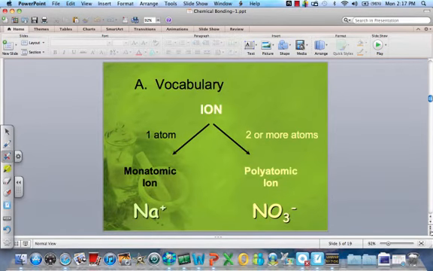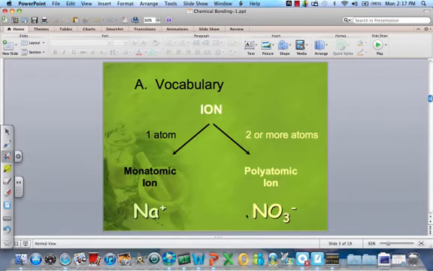Alright, so an ion. We know that an ion is an atom that has gained or lost electrons, so it has a charge. It can either be a monoatomic ion, which is just one atom that has a charge, or it can be a polyatomic ion, and that is when you have two or more atoms that have a charge.